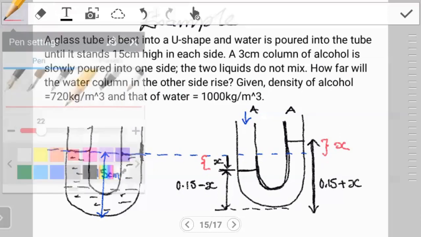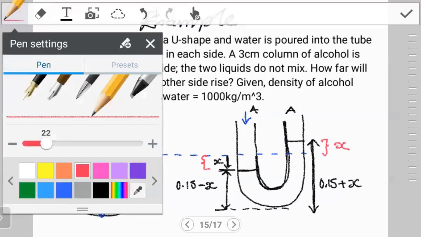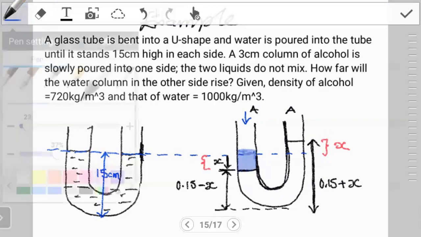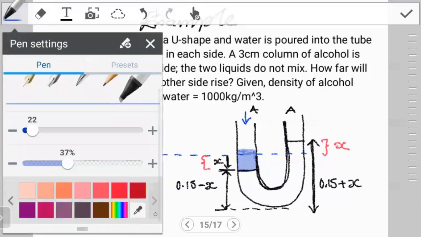Now, of course, we've seen exactly how the water level changes. But what caused the change? Well, the change happened because we added alcohol. Now, how much alcohol did we add? All we're told is the alcohol we added was enough to make a column which is 3 centimeters in height.